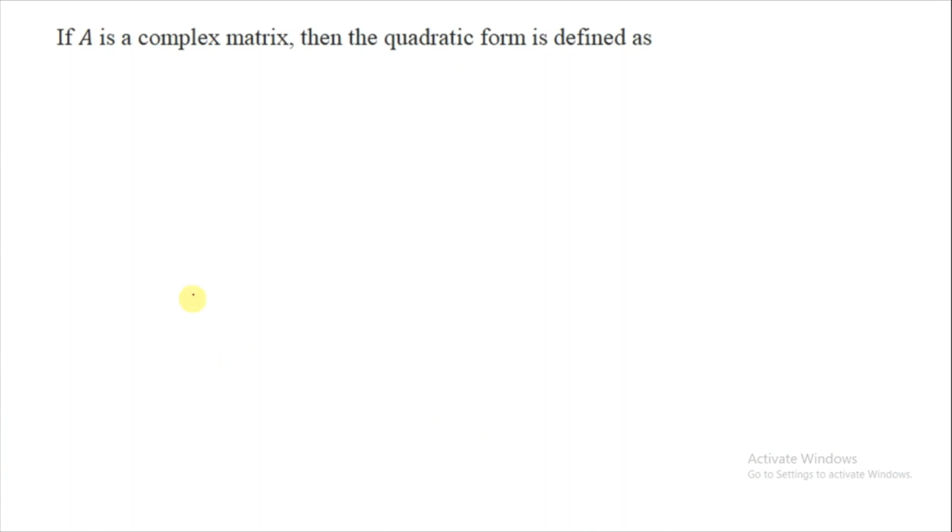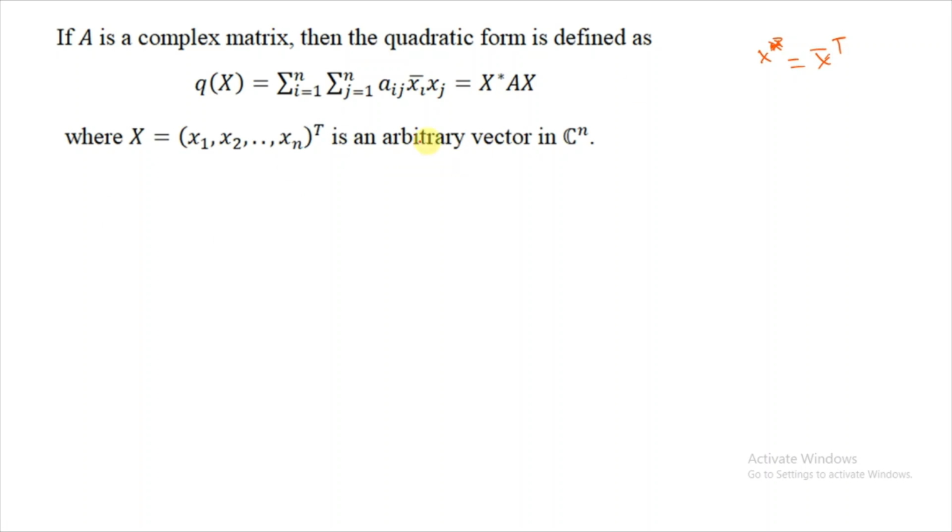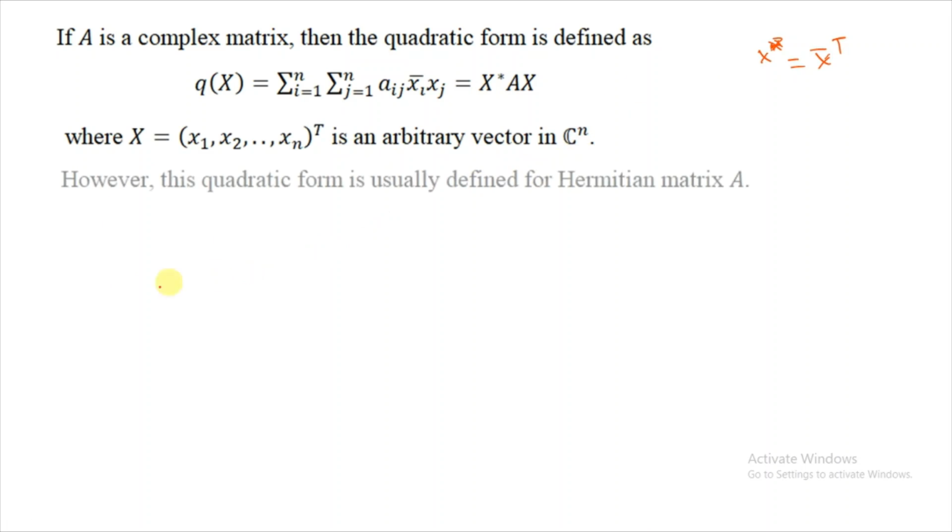Now suppose A is a complex matrix, then the quadratic form is defined like this: x star A x, where x star is x conjugate transpose, and x is an arbitrary vector in C^n, the complex space.